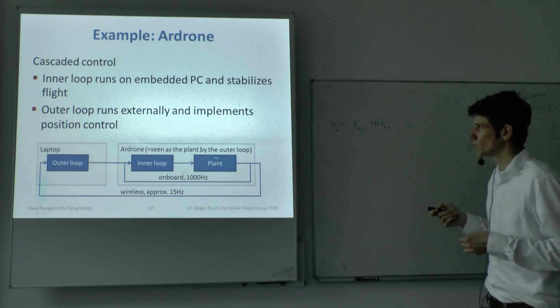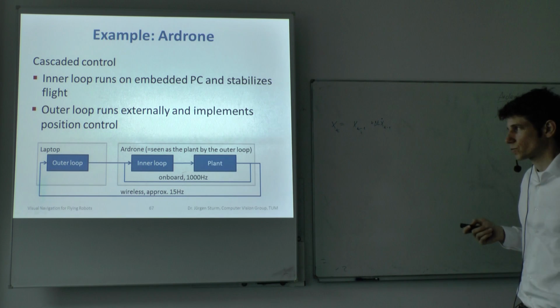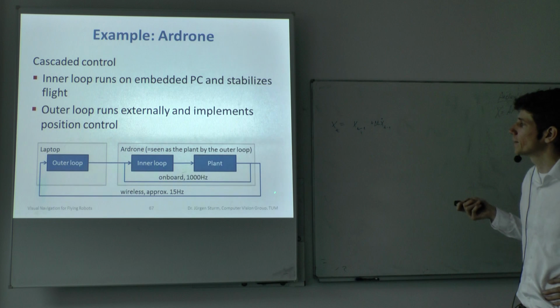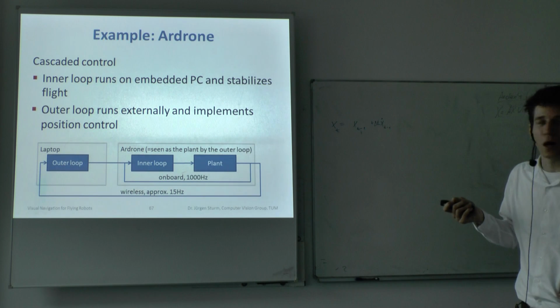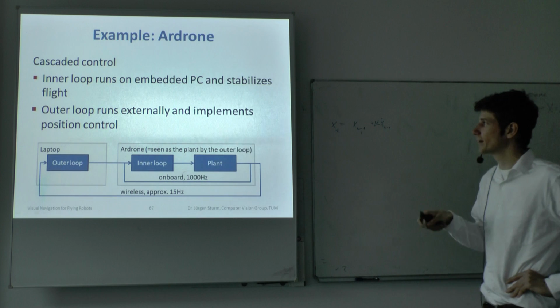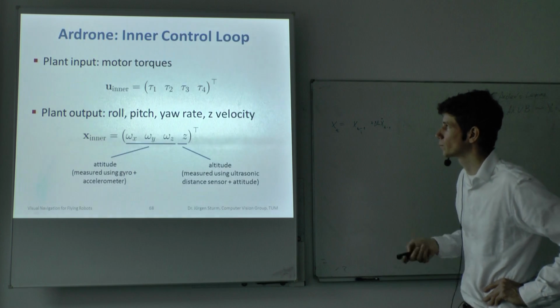The attitude control runs on the Ardrone at roughly a rate of 1 kilohertz, and then it sends back the images to our external laptop or to your computer at maybe 15 hertz, and then the outer loop will compute roll and pitch angles that are then executed by the inner loop.